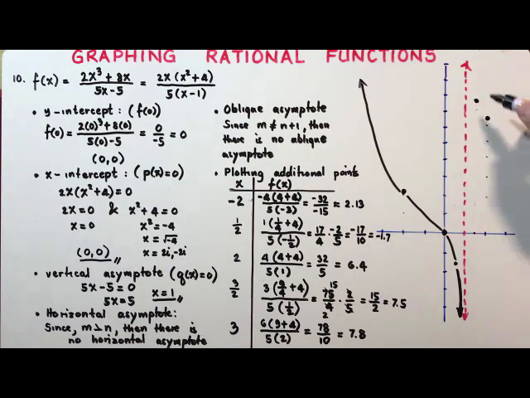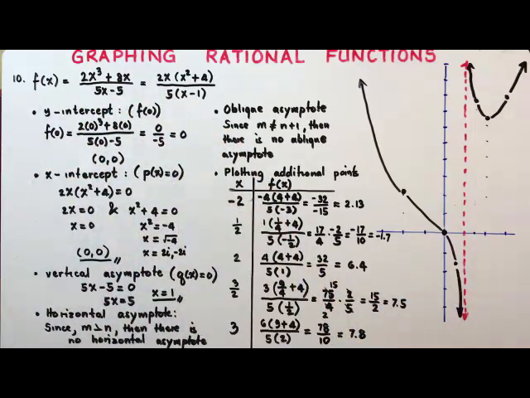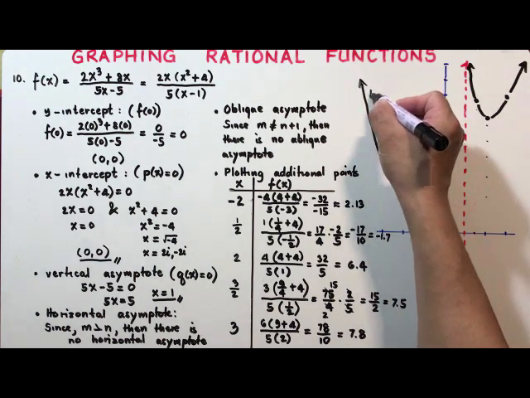So we understand that using these 3 points, the behavior of the function is like this. So this is the graph of this rational function, wherein there is no horizontal asymptote as well as an oblique asymptote. So we can determine also its domain.